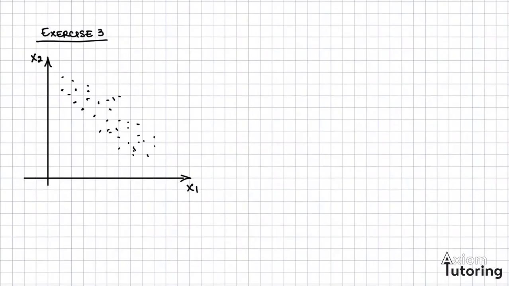In exercise 3, we have the relationship of x1 and x2. So for whoever noticed this, you have already the correct answer. This violates the no perfect collinearity condition.